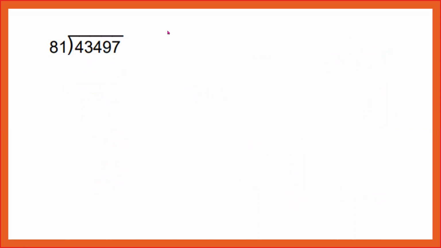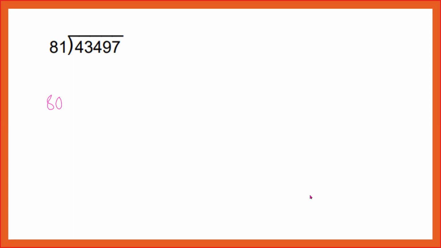Here, what do we have? We have 43,497 divided by 81. The first step is to estimate the divisor, 81, by the compatible numbers. So here 81, I can write it as 80. Now first, who can help me? Yes, Julie.